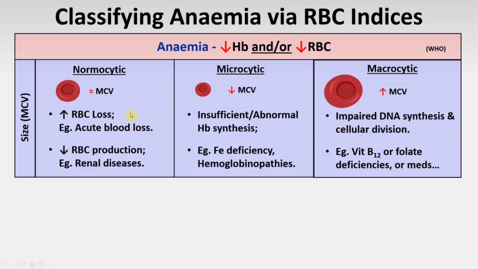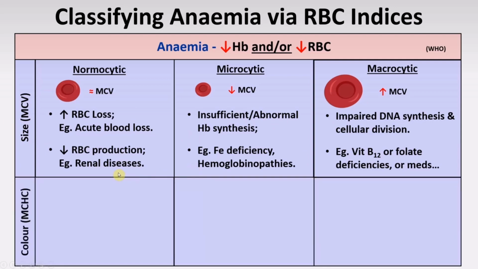Alright, so other than the size of the red blood cells, we can actually look at the color of the red blood cells itself, and that can be indicated by your MCHC. So when MCHC is normal, that's when the color is normal, and we coin it as normochromic.